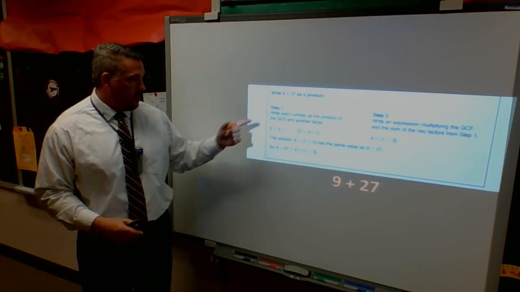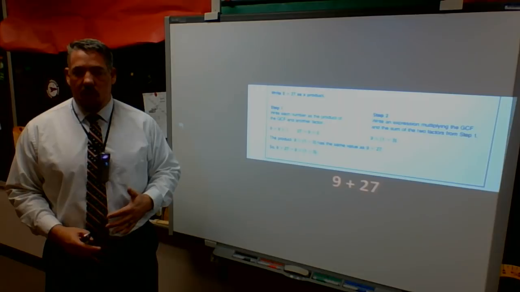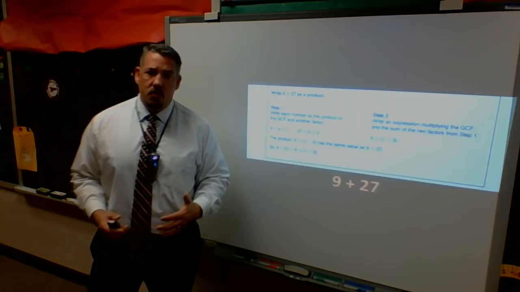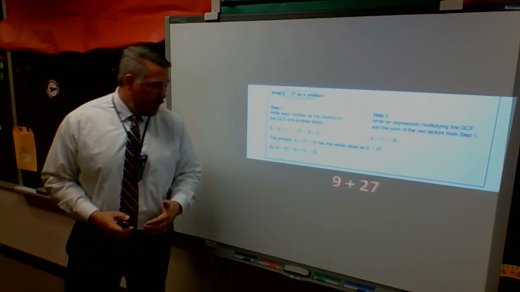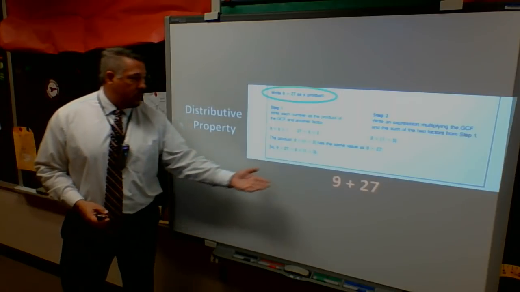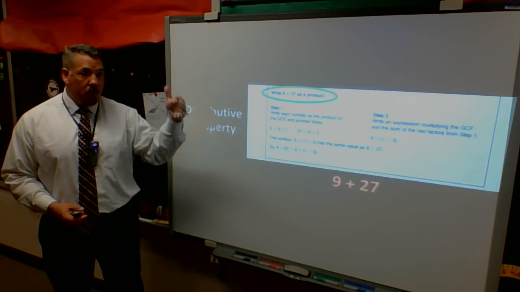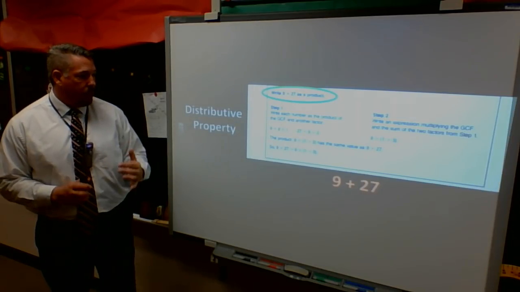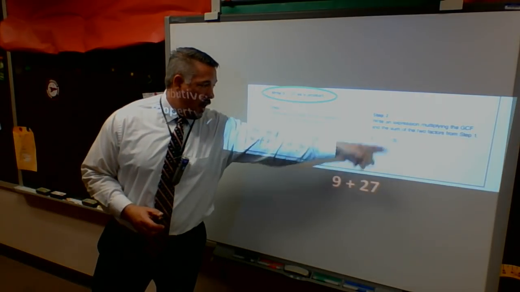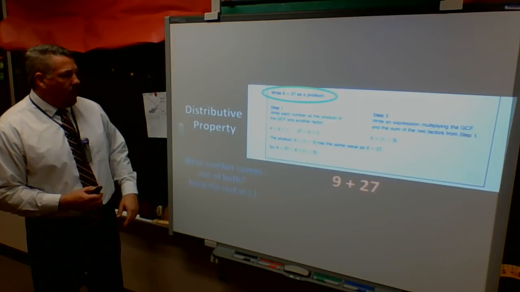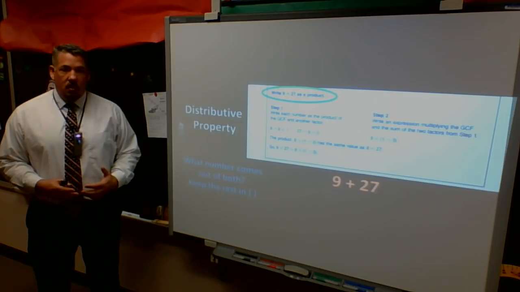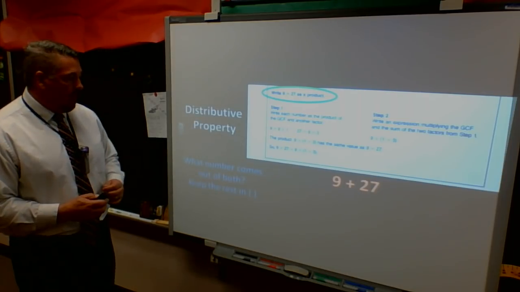Now, this one tells me to take the greatest common factor out. I could actually do 2 different ones. I can look at it, and when I'm talking about taking it out, it's going to be distributed out, or it could be in reverse if I had the parentheses instead, like this one has the parentheses. Then I have to find the factor that goes into both of them.